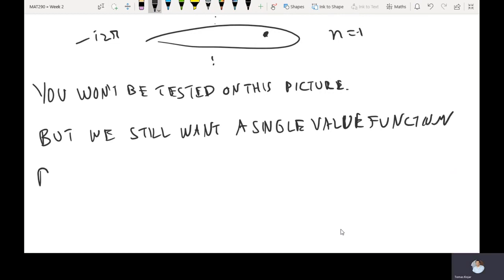So we have the following definition. It is called the principal logarithm.